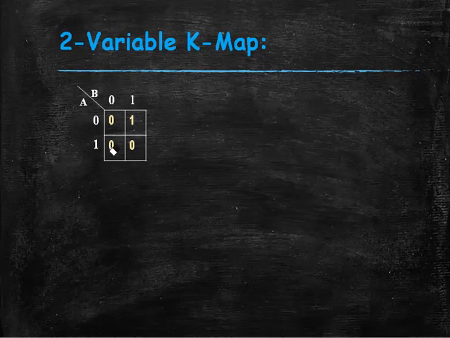It is the K map with 4 squares, only a 1 here. Okay. It is in the position, look at, A is 0. That means A bar. It is A bar B.